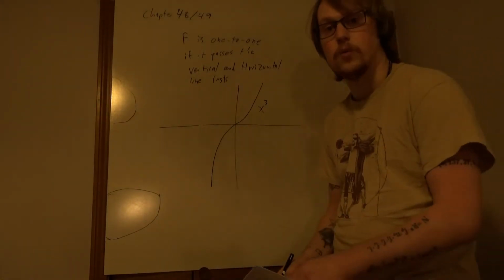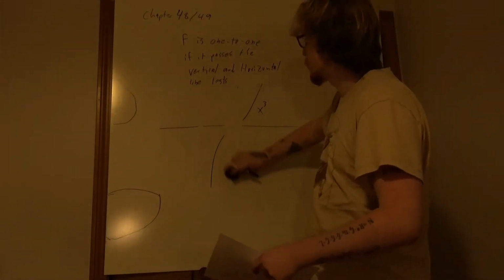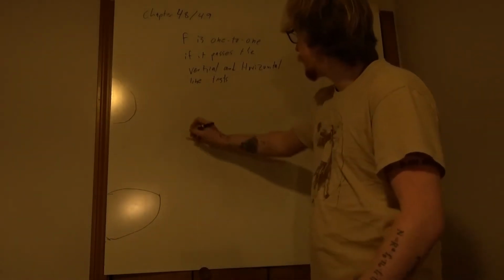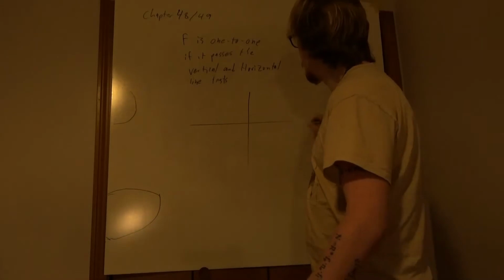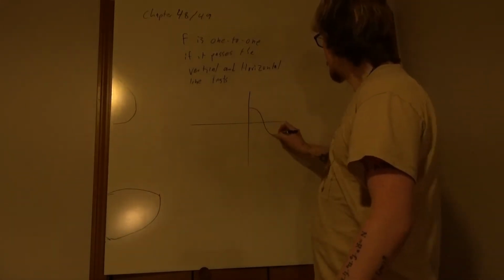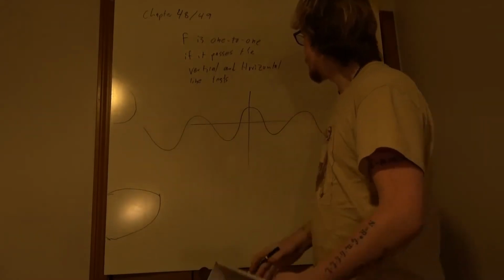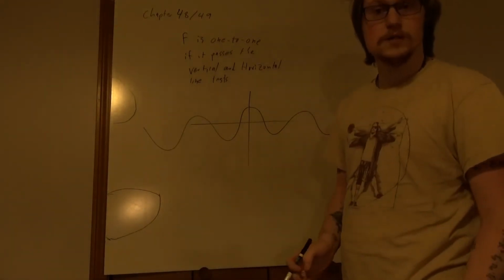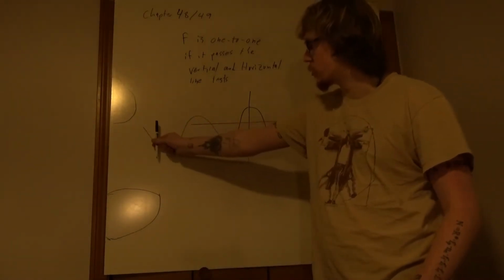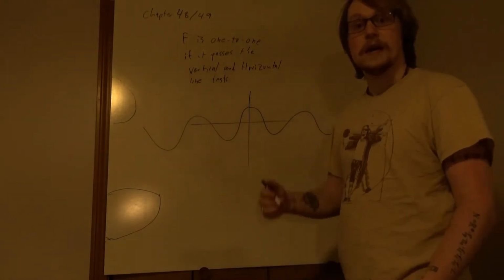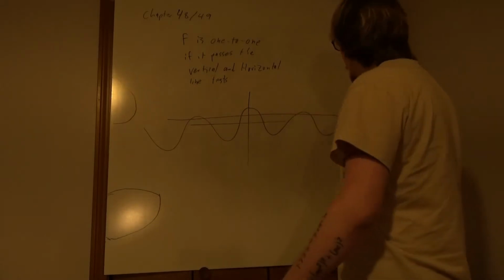So x cubed is one-to-one because it passes both the vertical and horizontal line tests, but an example of a function which is not one-to-one is, surprise, surprise, sine and cosine. So here I'm just going to do the graph of cosine because it's a little bit easier, and you see that while it definitely passes the vertical line test, we can take any vertical line and it only ever touches it at one point. It is demonstrably not the case for horizontal lines.